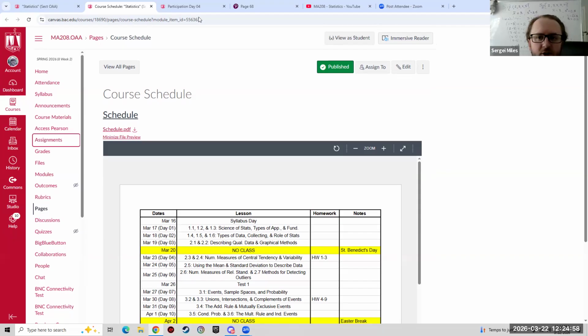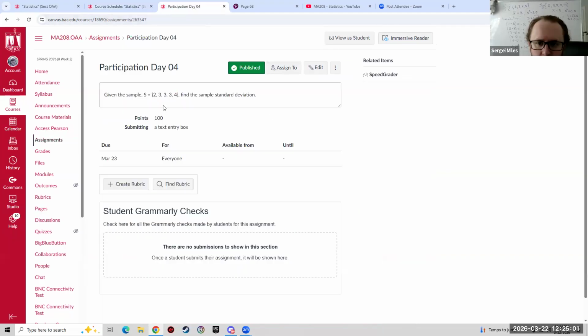So last thing for today, let's look at our participation question, where we are asked to find the standard deviation for the sample 2, 3, 3, 3, 4. We don't have to calculate it again since we did it during the video.